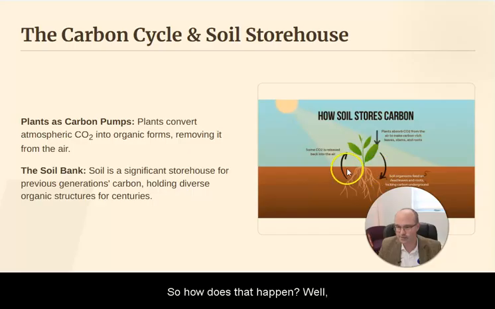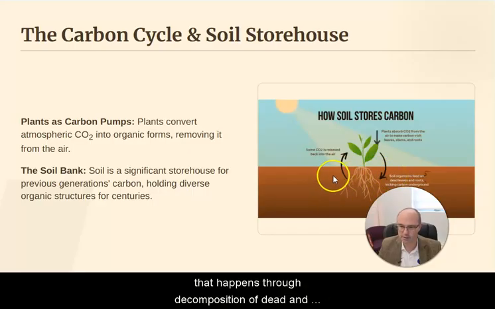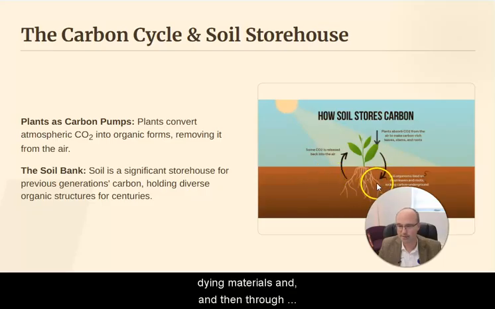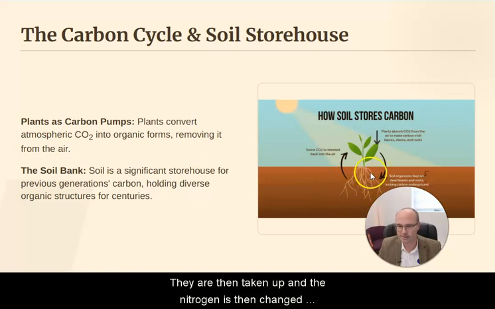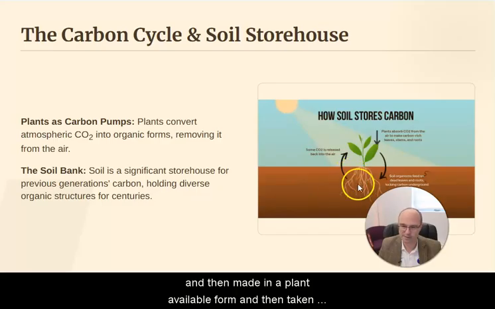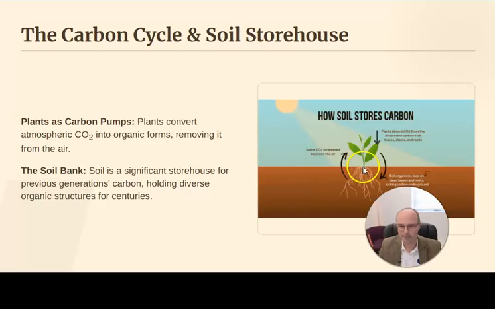So how does that happen? Well, that happens through decomposition of dead and dying materials, and then through associations with microbiology, the nitrogen is changed and made into a plant available form and then taken up into the plant for use throughout the plant.